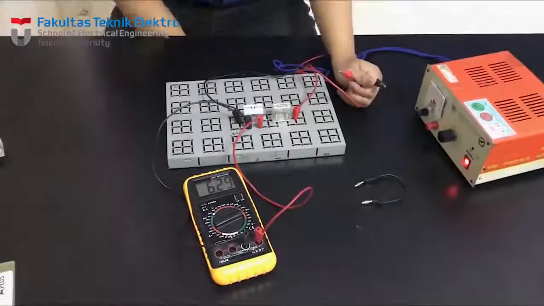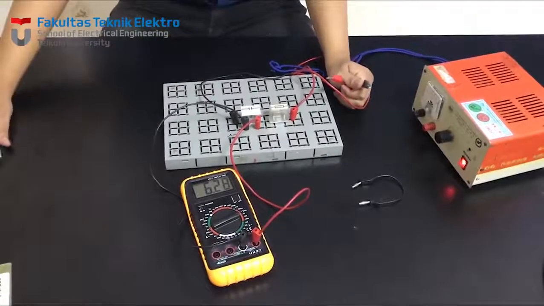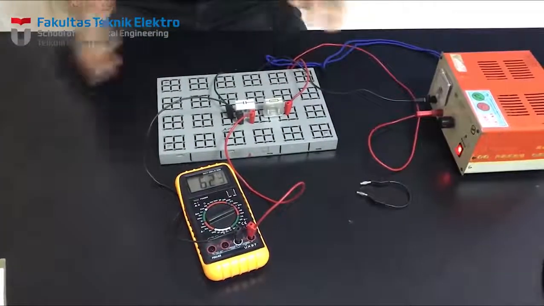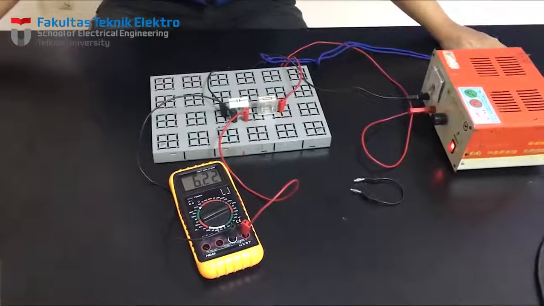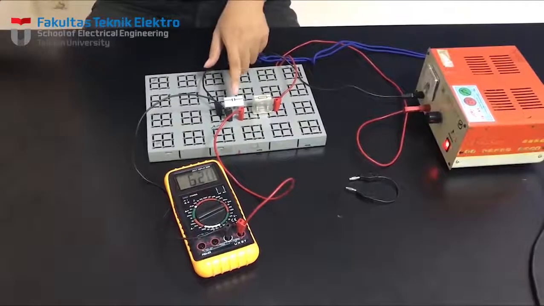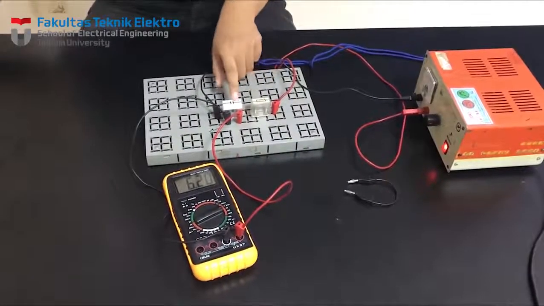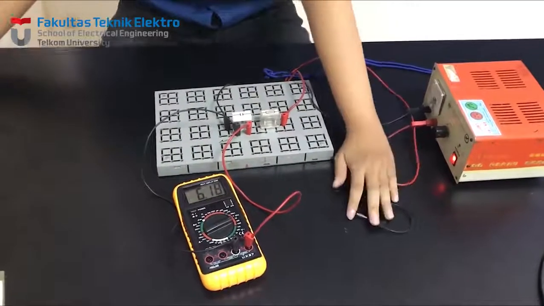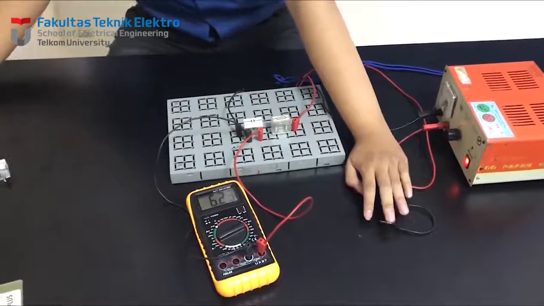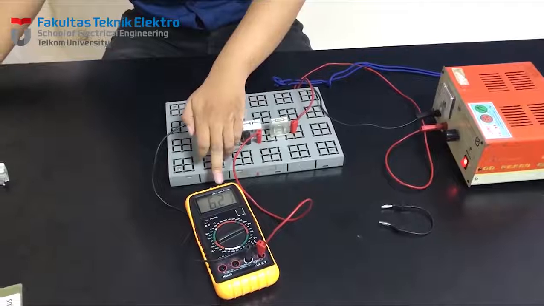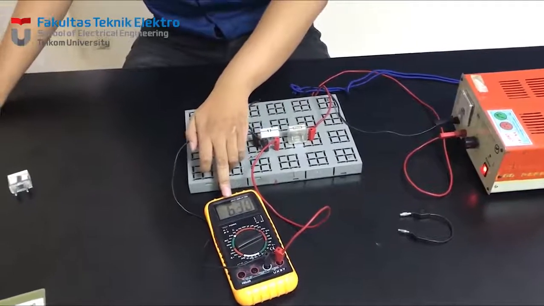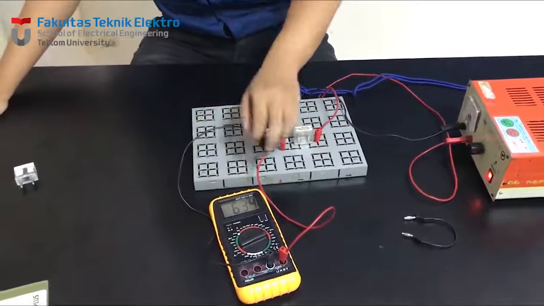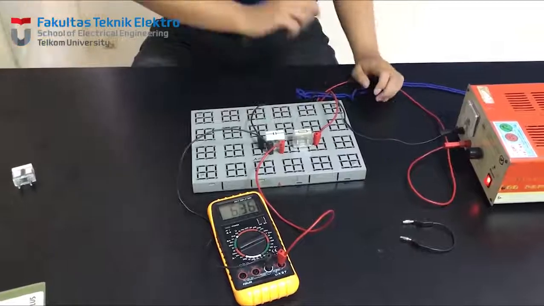Here we're going to do the discharging capacitor submodule. First, we're going to start the single series, which is 100 microfarad and the capacitor 16 volt. Here it has charged with 6.30. Right, let's just assume it 6.30 volt.